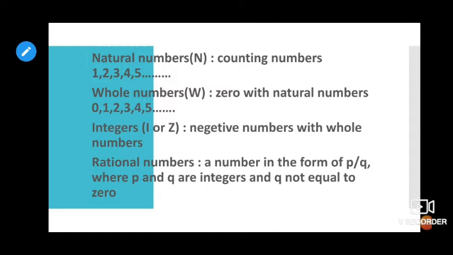Rational numbers are in the form of P by Q, where P and Q are integers, either positive or negative. Integers means even 0 is there. So can we have Q as 0, denominator 0? If it is in the denominator, there is no meaning, no? So we write P and Q are integers, but Q should not be equal to 0.